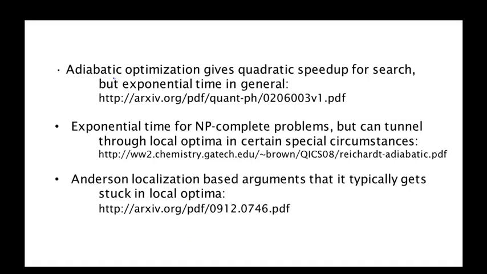It's known that the adiabatic optimization can be used in a certain way to give you quadratic speedup for search, but that in general it takes exponential time. It's also been shown that in general it takes exponential time for NP-complete problems, but that if you set up the problem in certain contrived ways, then you can tunnel through local optima.